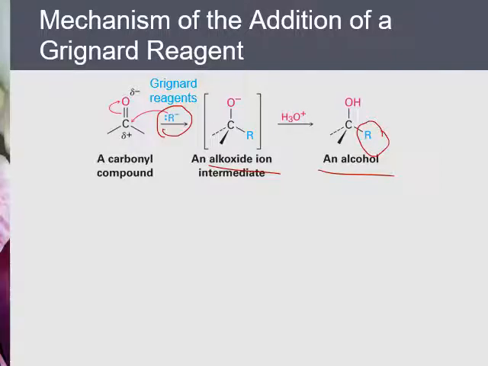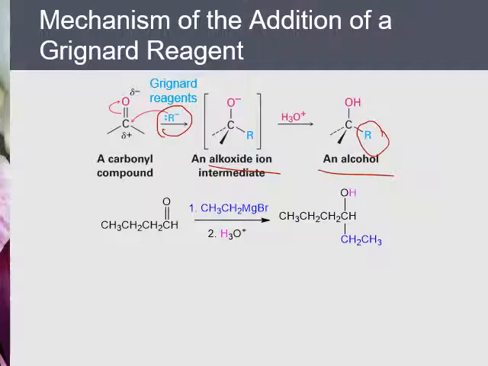So the final product, the alcohol, is a larger molecule compared to the reactant carbonyl compound. Here is an example. The aldehyde followed by two steps, Grignard reagent and acid solution, gives you an alcohol with a larger alkyl group.